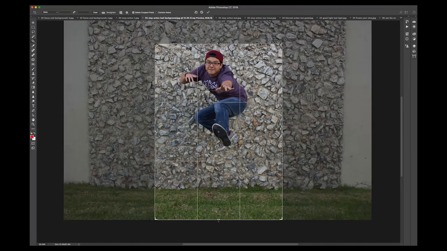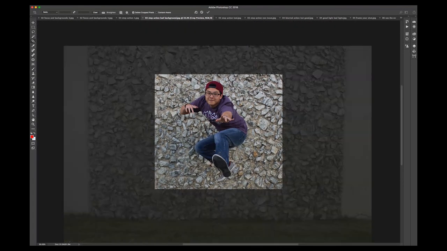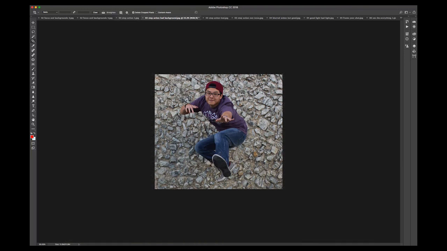You can see that I can isolate him a little bit more, but he's still going to be really difficult to cut out because we have so many little shapes and tones of stuff in the background. That's going to come up with our selection tools, how we use them and why we use them. Regardless though, here we have good stop action. It's nice and in focus. It's a win from those criteria.